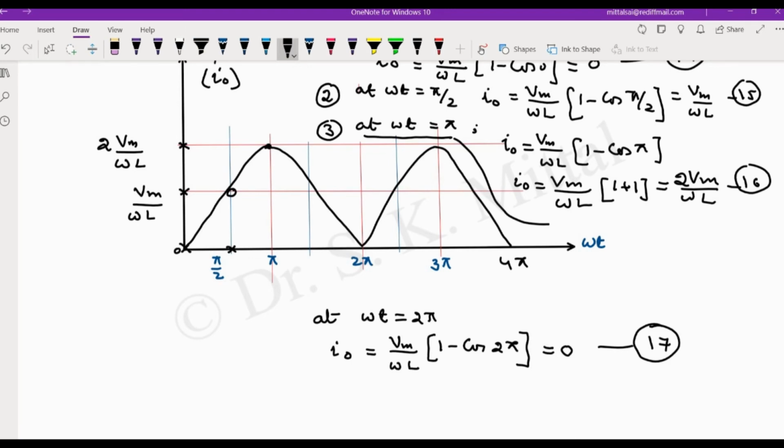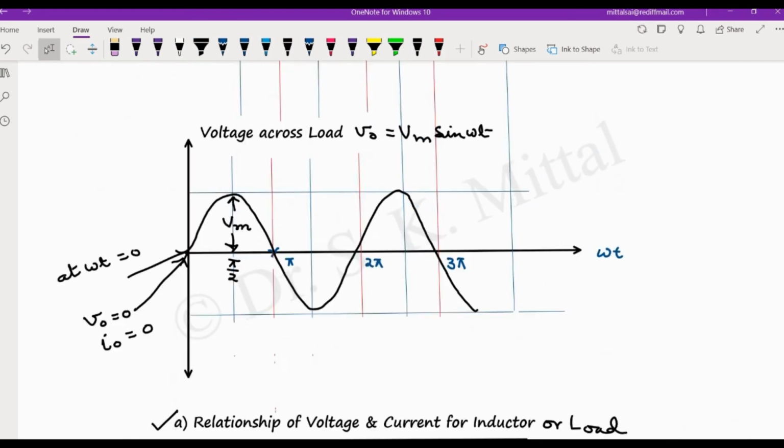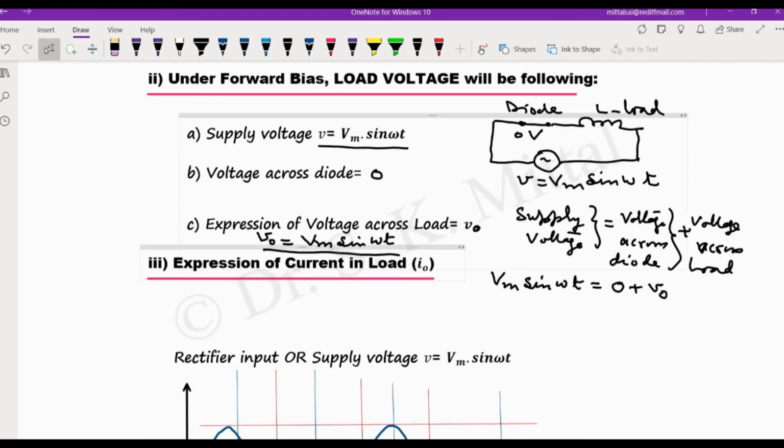So this is the expression of output current flowing through pure inductive load. This is the expression of output voltage across the pure inductive load.